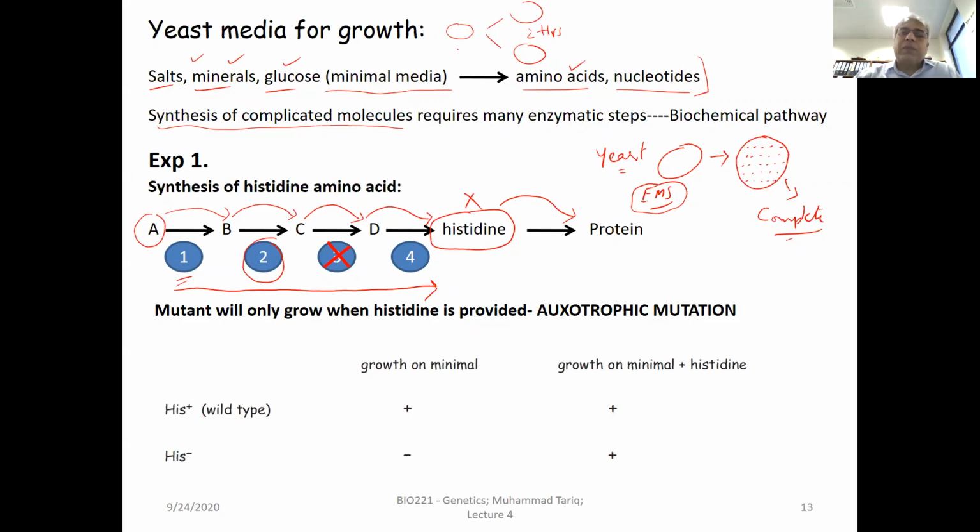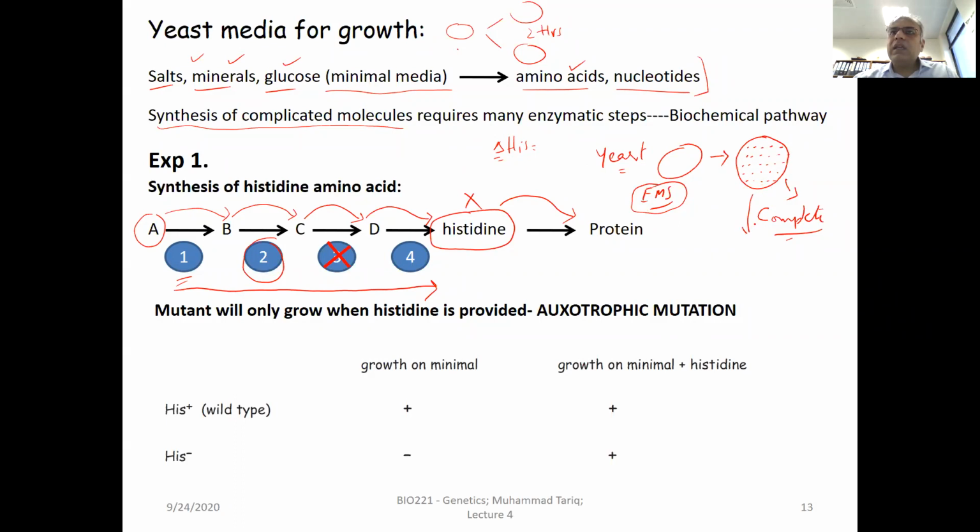But we are interested in the histidine phenotype. Histidine phenotype, delta means deletion, meaning an organism which is not able to synthesize histidine. So what we do then, we prepare replica plates.